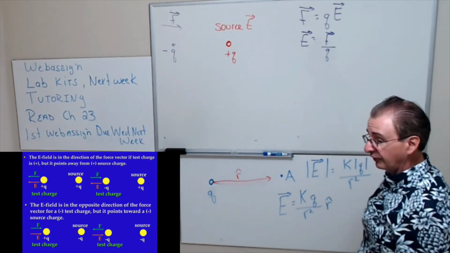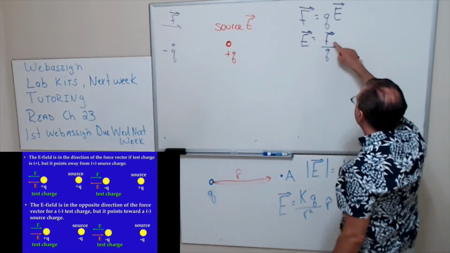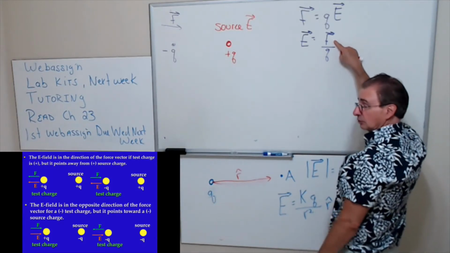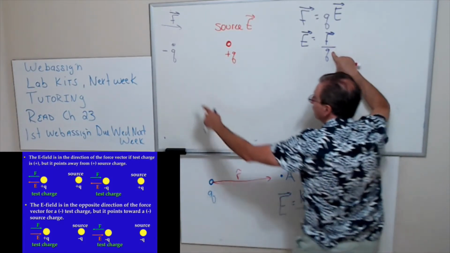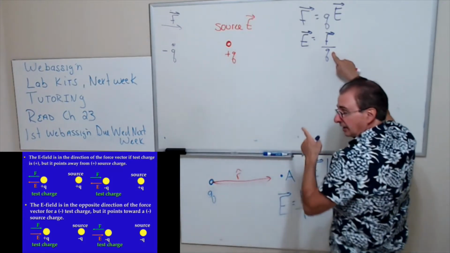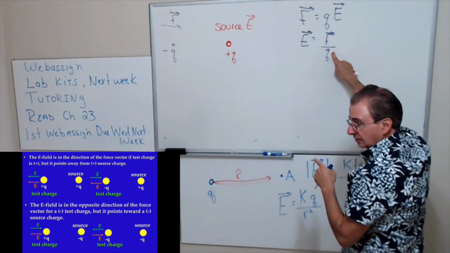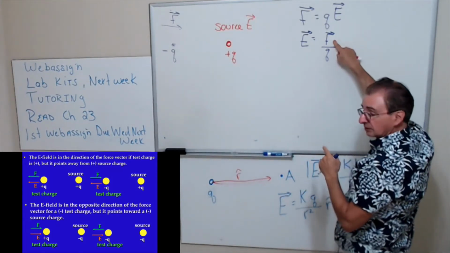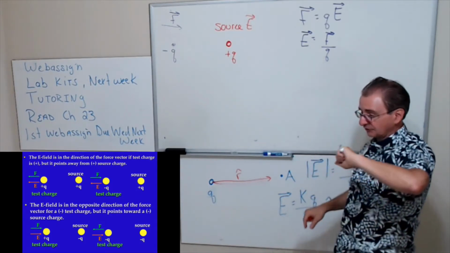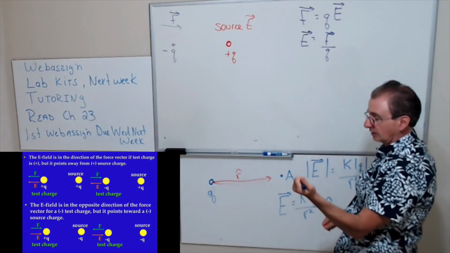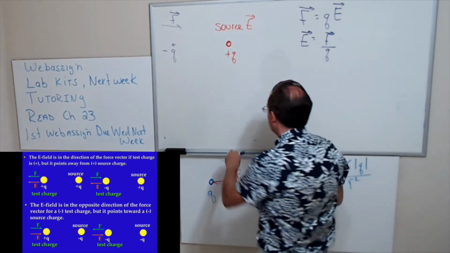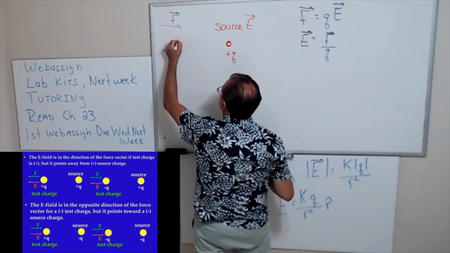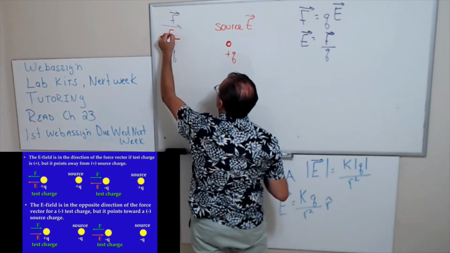Now, what about the electric field? I'm going to take a force which is directed to the right, and I'm going to divide by the test charge, which is negative. If I divide a vector by a negative number, what that does is flip the direction of the vector, and the field is that way.